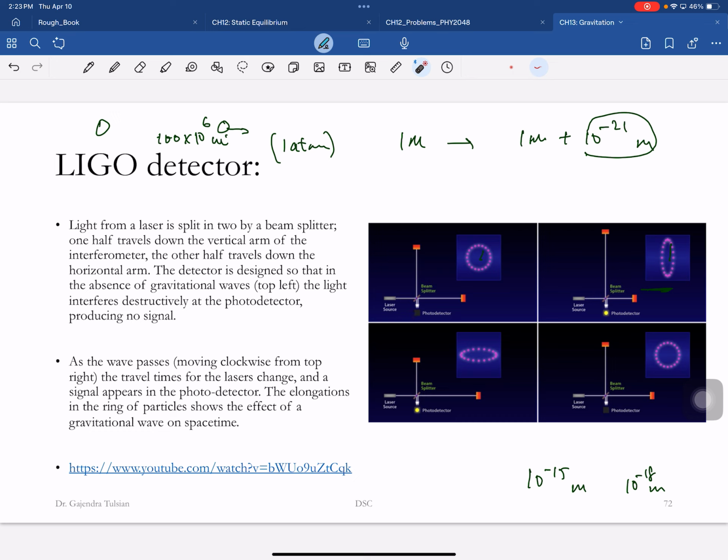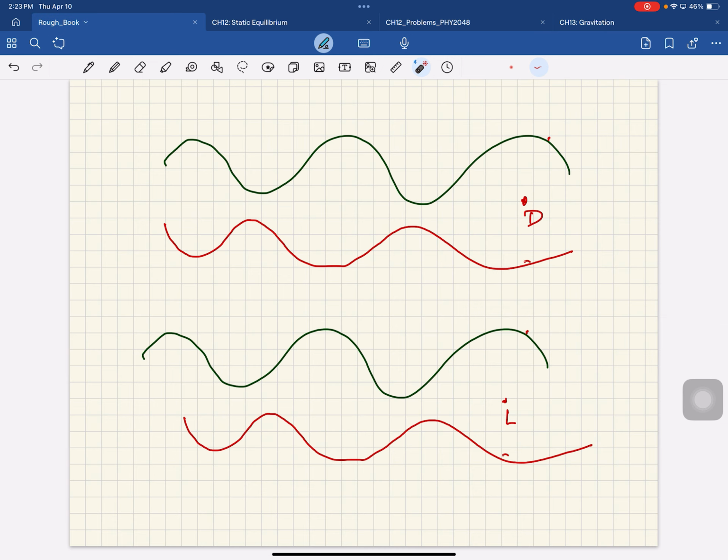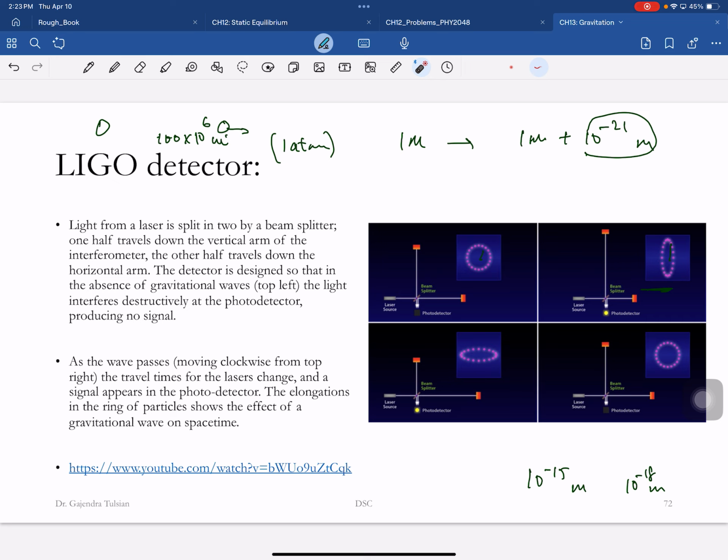Now if a gravitational wave went by, this length would get longer, and you don't have perfect cancellation. When the wave goes by, this initially gets longer, and then in the next cycle, this gets longer, and so on.